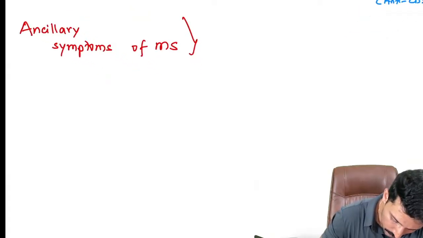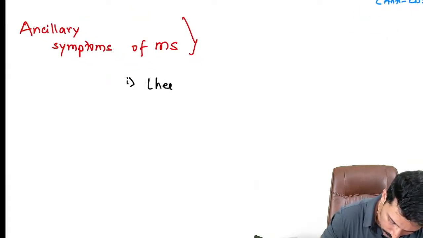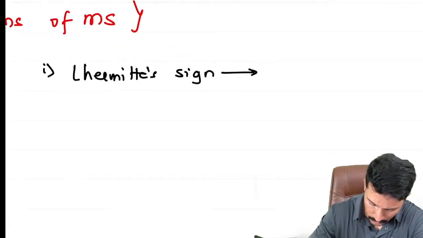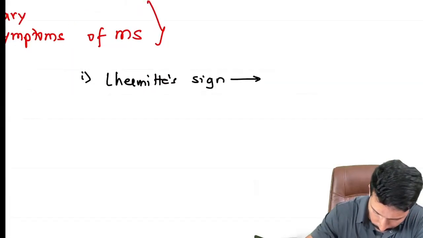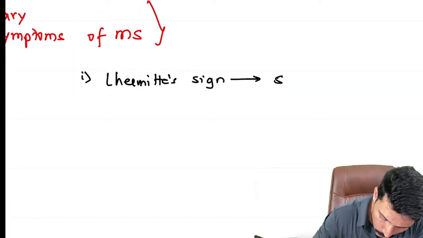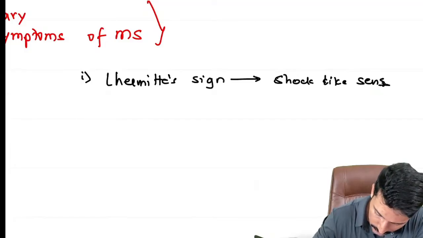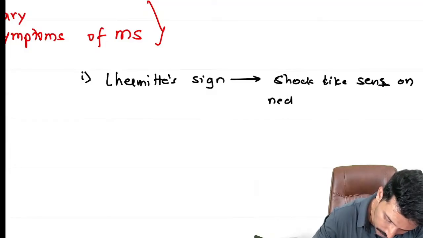The first ancillary symptom is Hermitage sign. L is silent. So what is this Hermitage sign? Hermitage sign refers to shock-like sensation on neck flexion, sudden neck flexion.